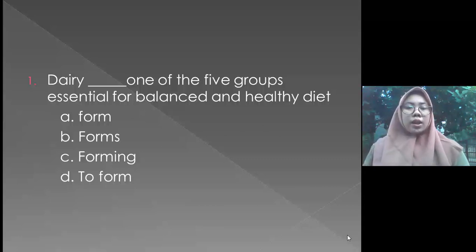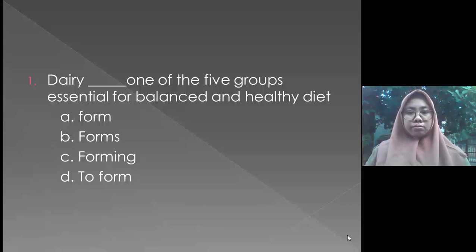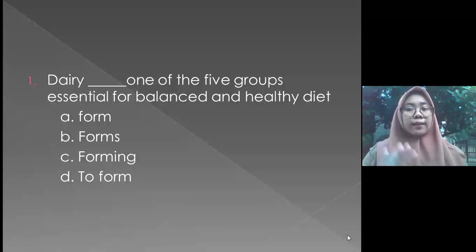Here we must put our verb in the present tense. Dairy is singular, so the verb must be singular also. So in the present tense, after the subject we must put verb plus s or es because the subject is singular. So the answer is B, forms.